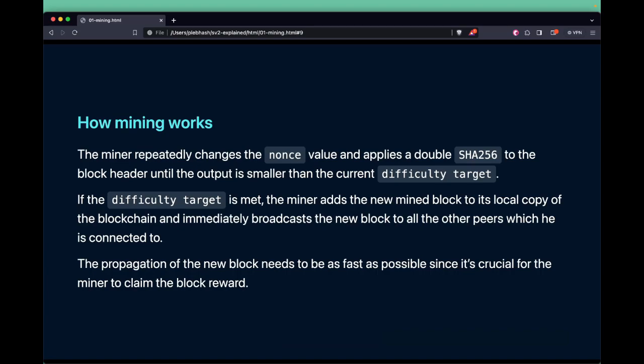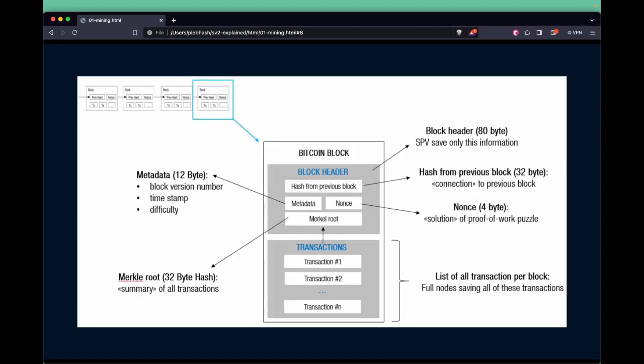So if we remember, the mining process consists of taking this block header, using the block header as the pre-image of the SHA-256 hashing function, and we're gonna get a hash as the output.